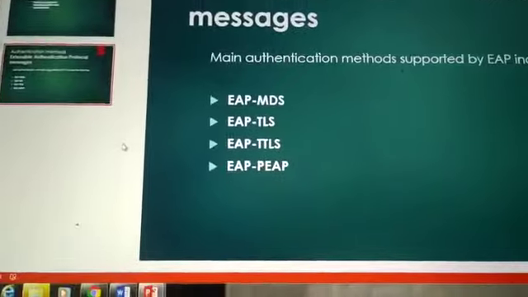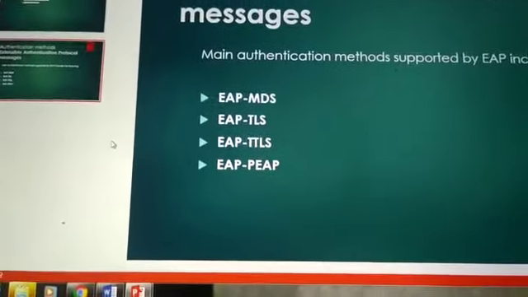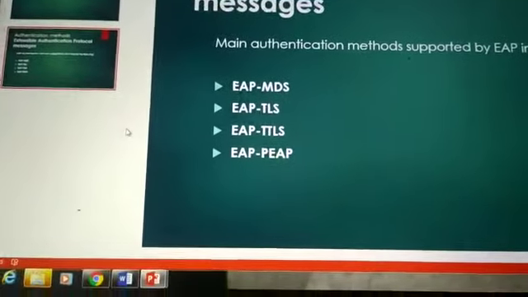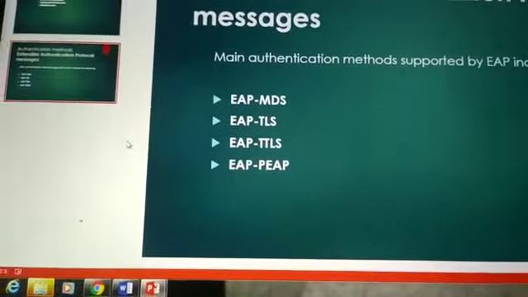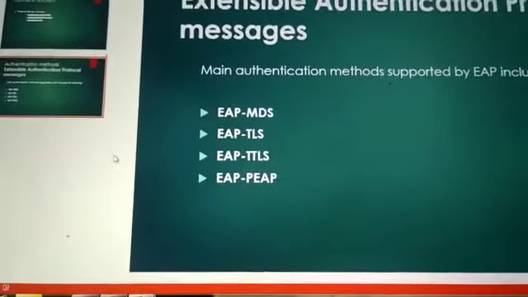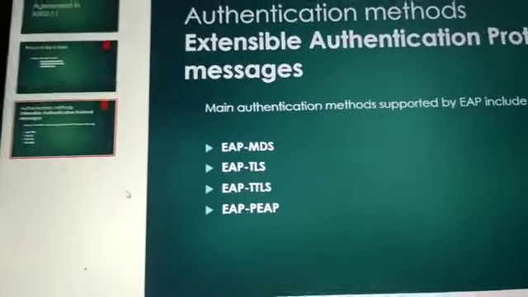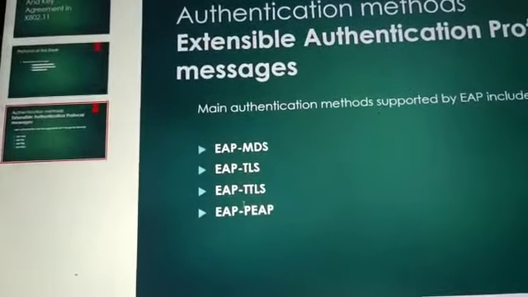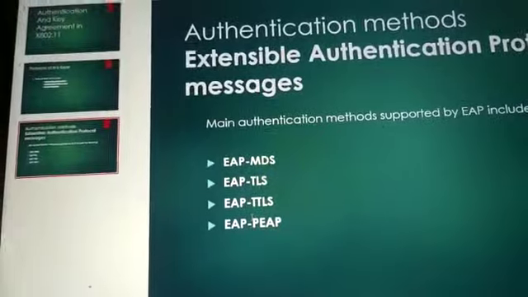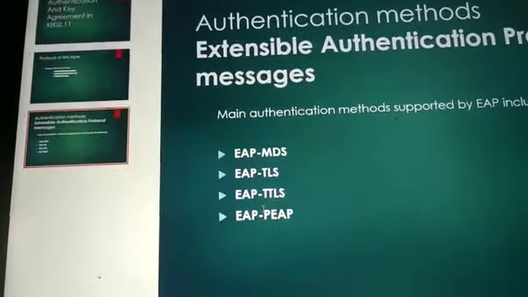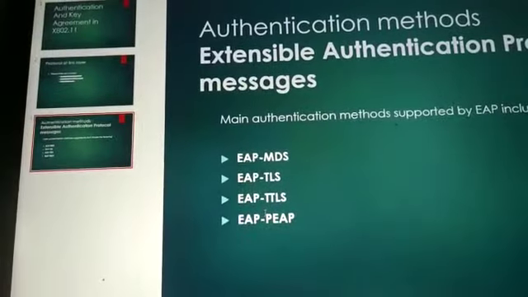If you remember, I told you both the access point as well as your stations need to have digital certificates, and if there are n number of stations, it's not possible to have digital certificates for all these stations. So we will go for another method of authentication, in which, yes, the access point does have the digital certificate, but the stations need not have a digital certificate.